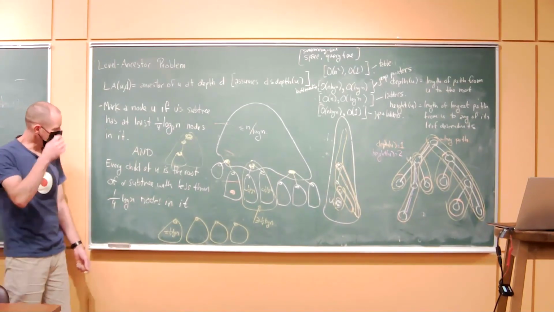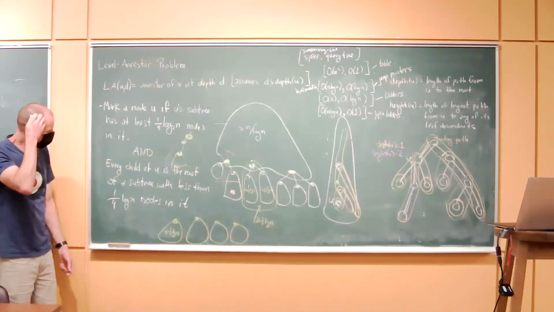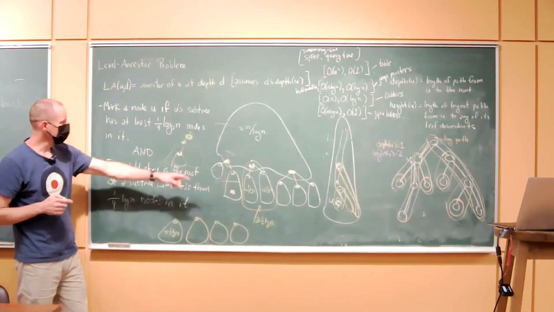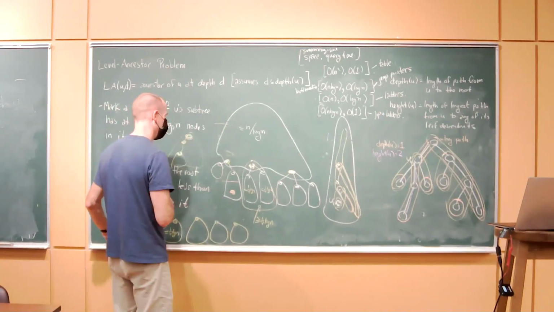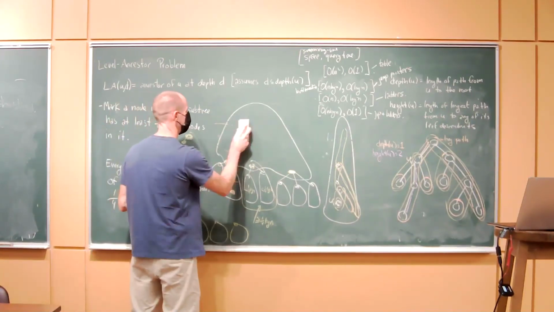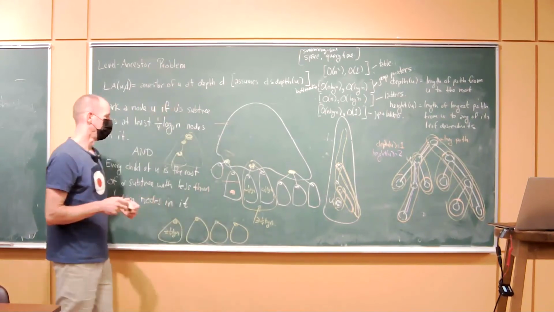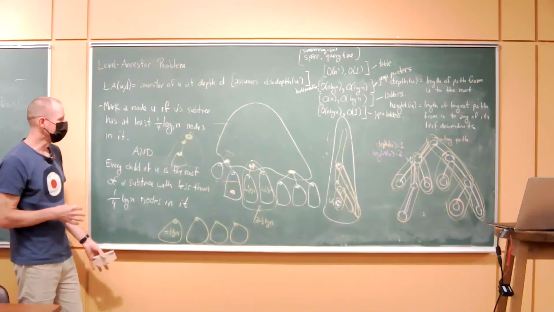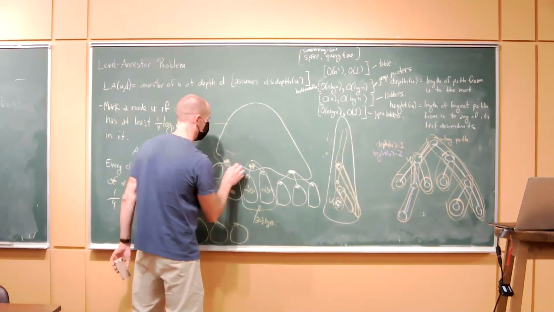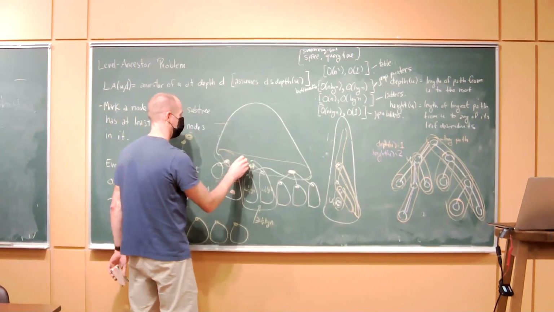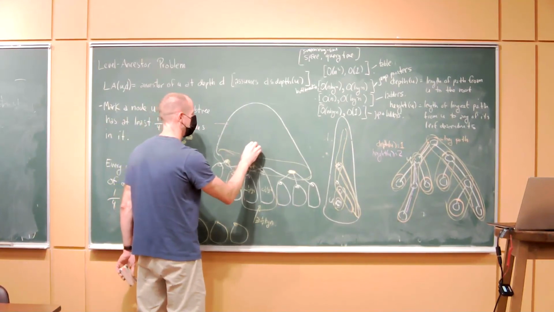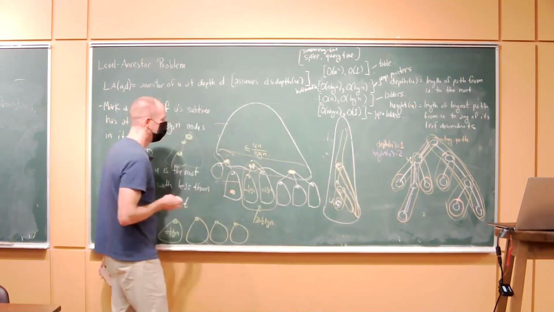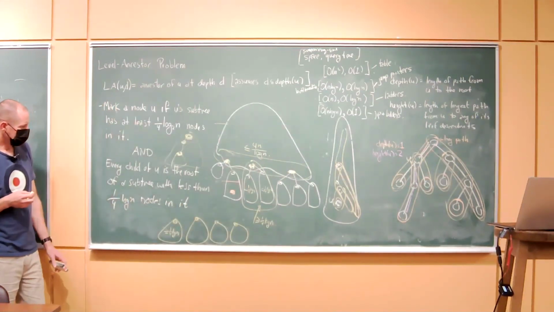So if you think about that for a few seconds, you'll realize that, in fact, the number of marked nodes is less than or equal to 4n over log n. Right?